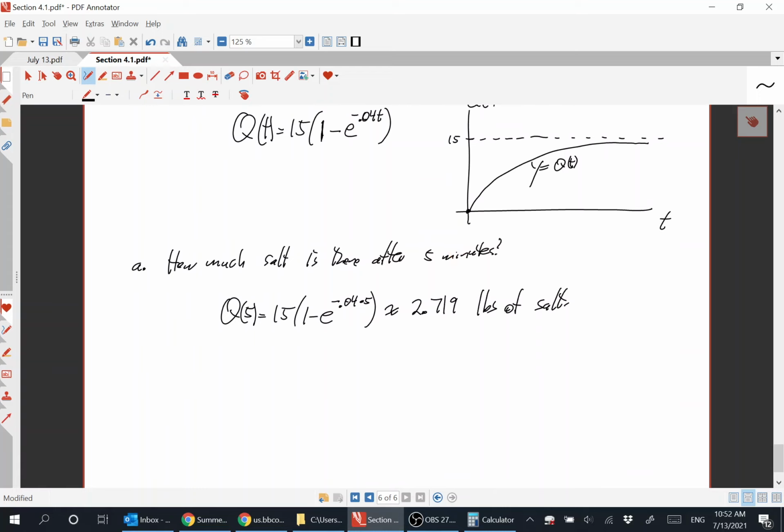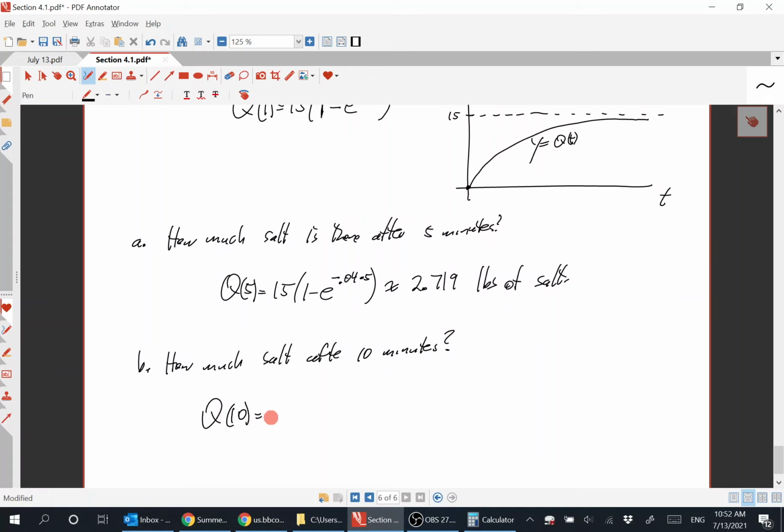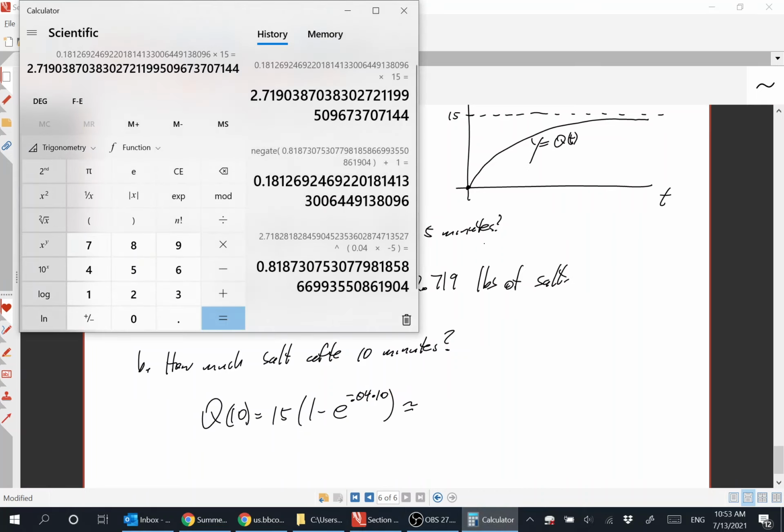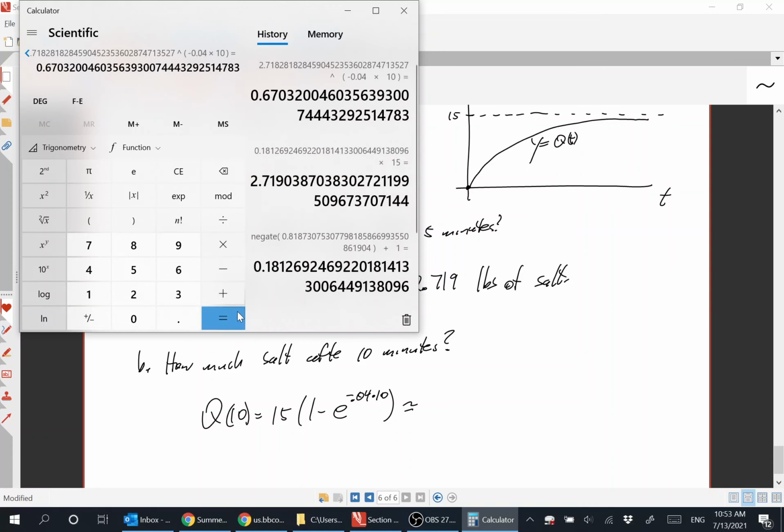How much salt is there after 10 minutes? Well, that would be Q of 10, which is 15 times 1 minus e to the negative 0.04 times 10, which is going to be equal to e to the exponent negative 0.04 times 10, so equals this much, 0.67.